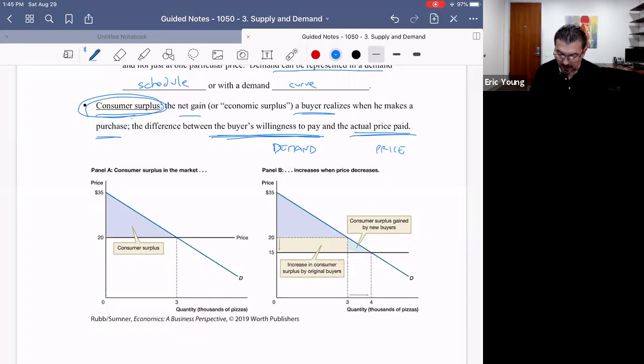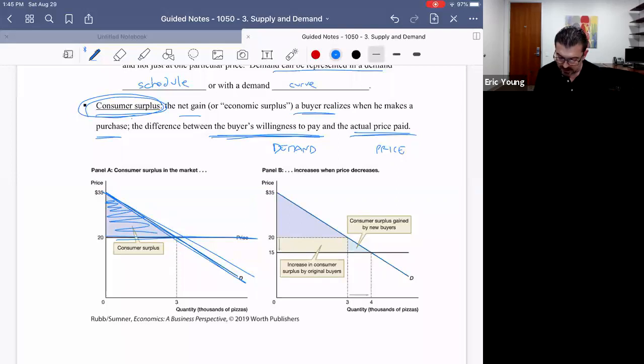So if you are given, in this case here, a demand curve, and you know what the price is, consumer surplus graphically is the area below the demand curve and above the price. That's it.